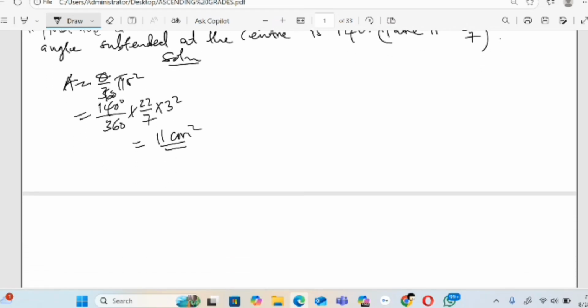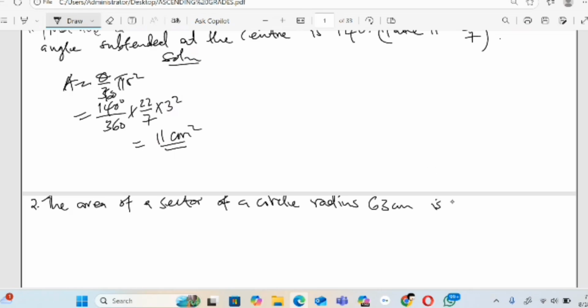So let us look at question 2 on the same area of a sector. The question reads: the area of a sector of a circle with radius 63 centimeters is 4158 square centimeters.